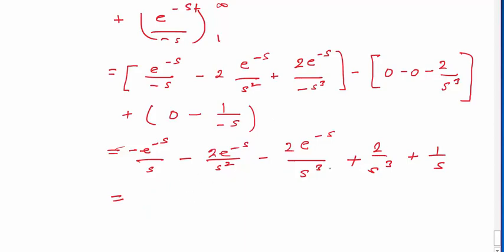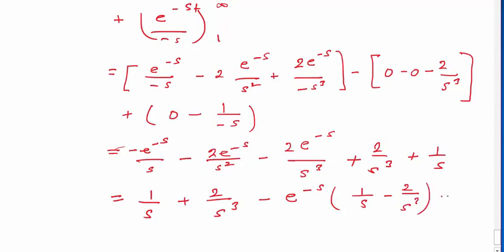nowhere, so I will start with a positive term. So we begin with this 1 upon s plus 2 upon s cube, now minus e power minus s I will take out, so I have one term as 1 upon s minus 2 upon s cube, and then minus e power minus s we have taken out.